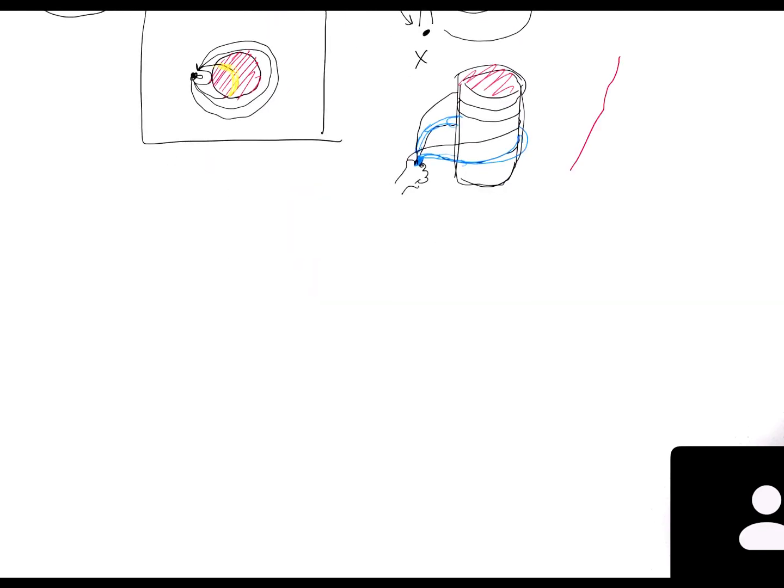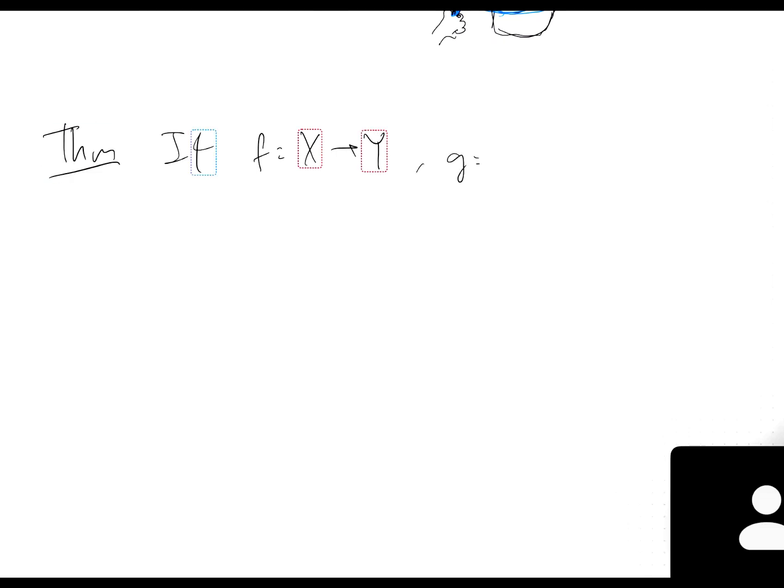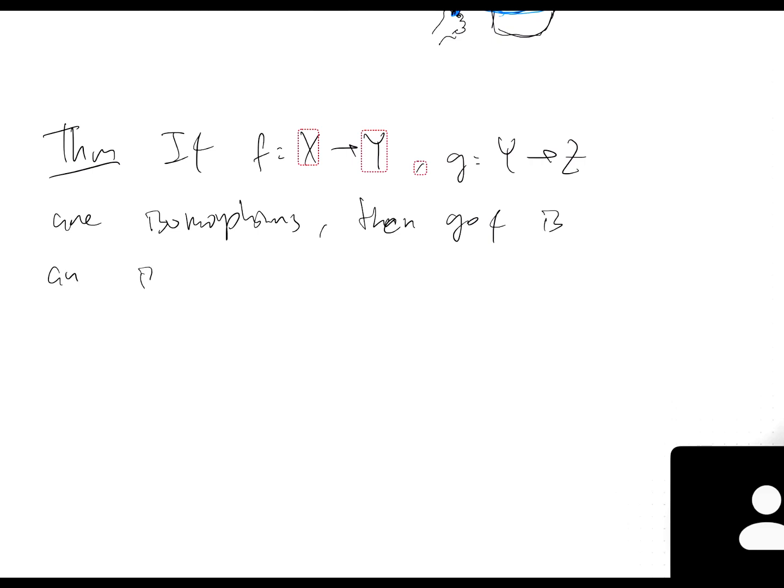In the future, one of the first things we want to prove about them, and this is something we will do next time, is that if F is an isomorphism from X to Y, and G is an isomorphism from Y to Z, then the composite GF is also an isomorphism. You might want to try proving this yourself before we look at it together next time.